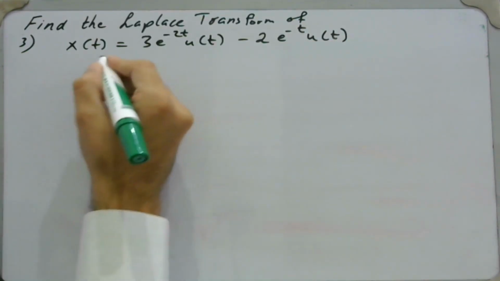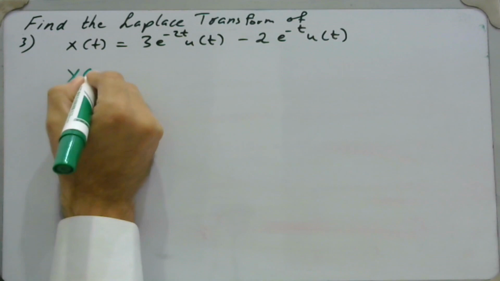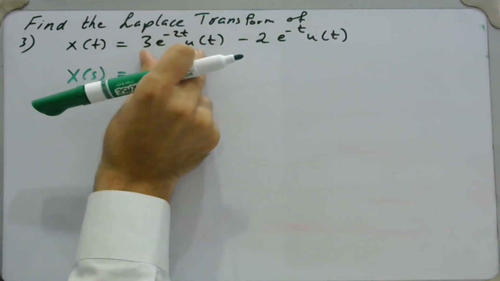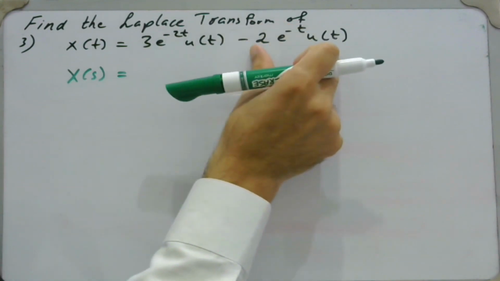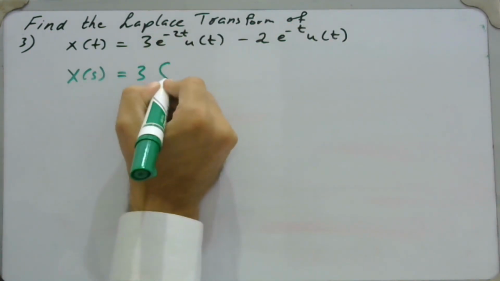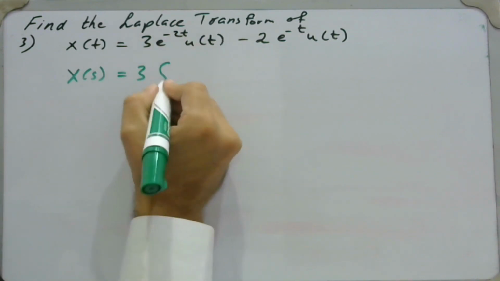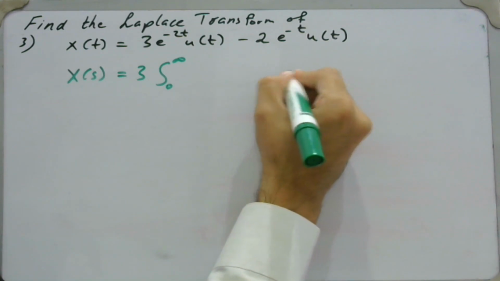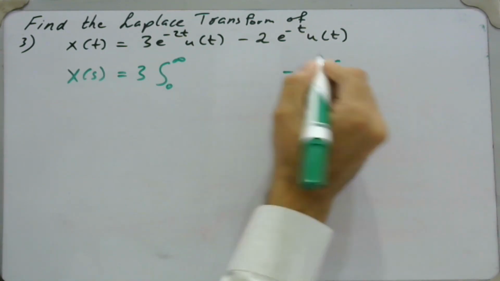In order to take the Laplace transform of this function, that is capital X of s, we can take the Laplace transform of this and then add it with the Laplace transform of this to eventually get the solution. So this would simply be 3, and because of this u of t it starts from 0 to infinity, and similarly we would have minus 2.